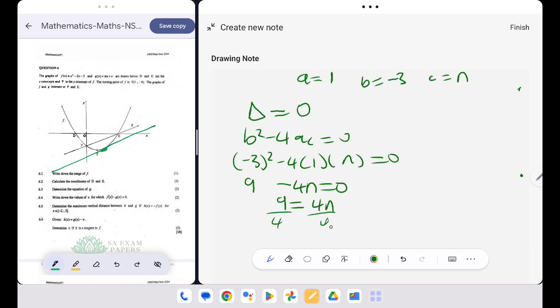Divide both sides by 4. Therefore n is equal to 9 over 4. That's your answer. If you want to understand, this simply means that for us to have a tangent, we must move the graph of g 9 over 4 units down.